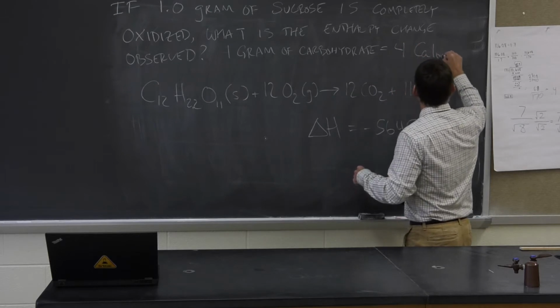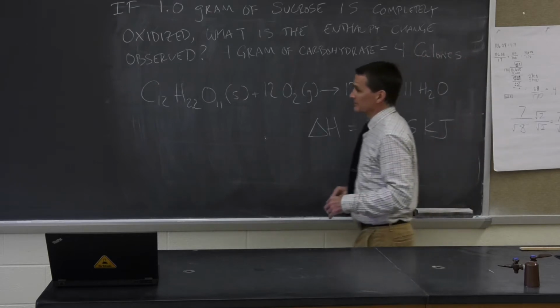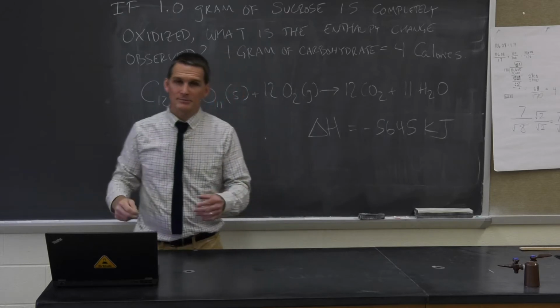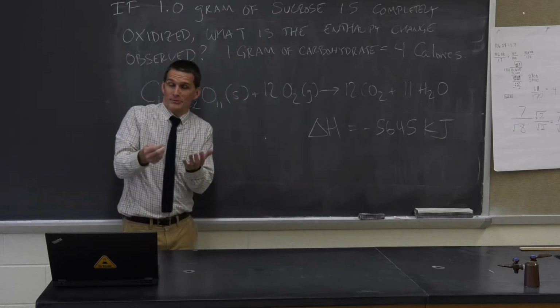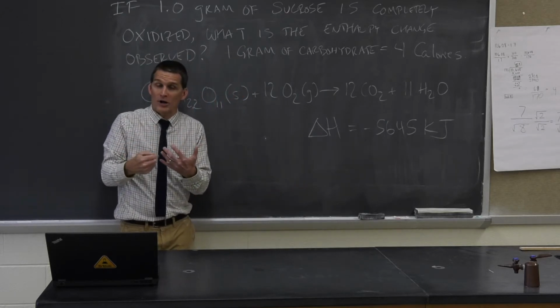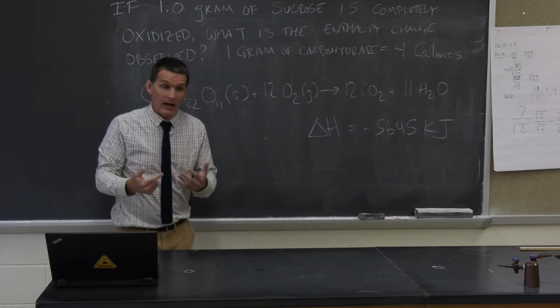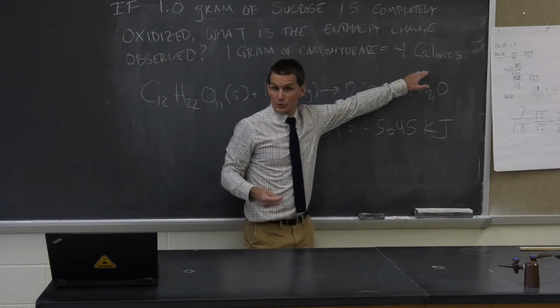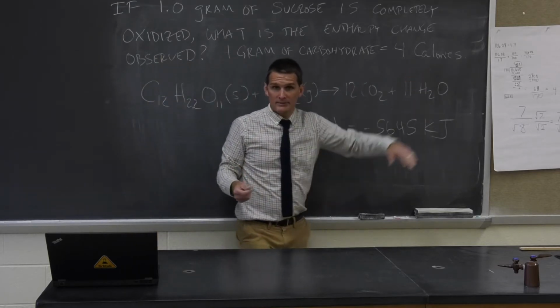Big C calories, so it's 4 kilocalories. You might have learned this, maybe you haven't. If you haven't, you should know that when you consume 1 gram of carbohydrate, that's going to provide 4 food calories of energy to your body.